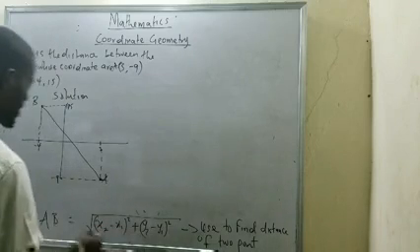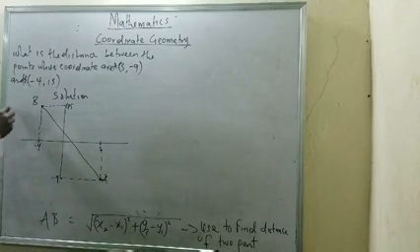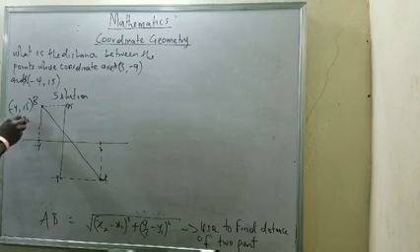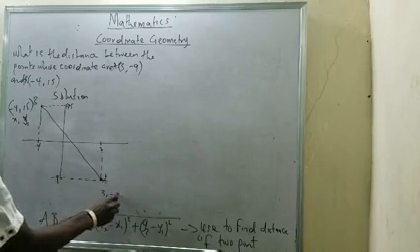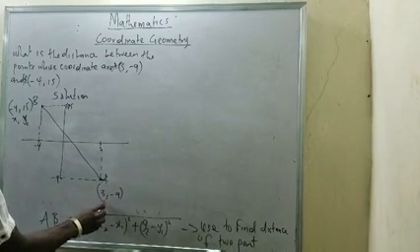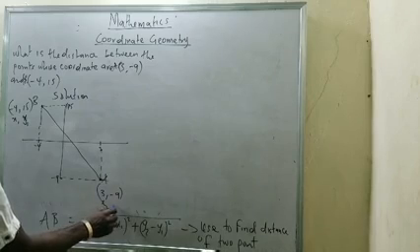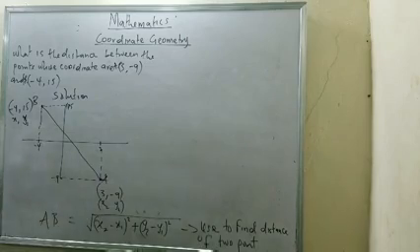This one will be minus 4, 15, which is x1, y1. This one will be 3, minus 9. It means I'll have x2, y2. By so doing, I will get what I'm looking for. What am I looking for?